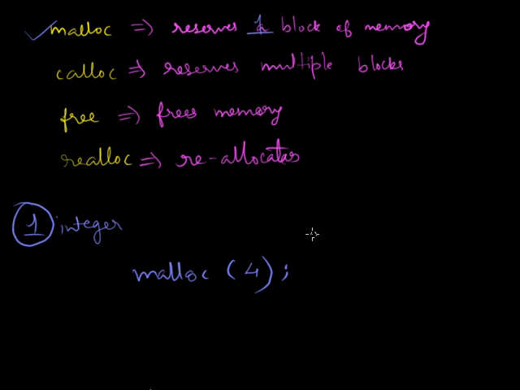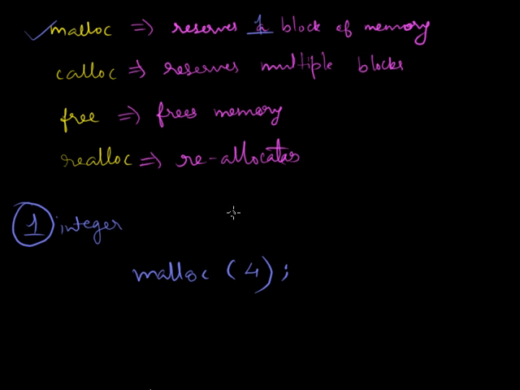But how will we access those 4 bytes that are allocated in the memory? We need a pointer to point to that memory so that we can use the value-at-address operator to obtain or store a value in the heap.